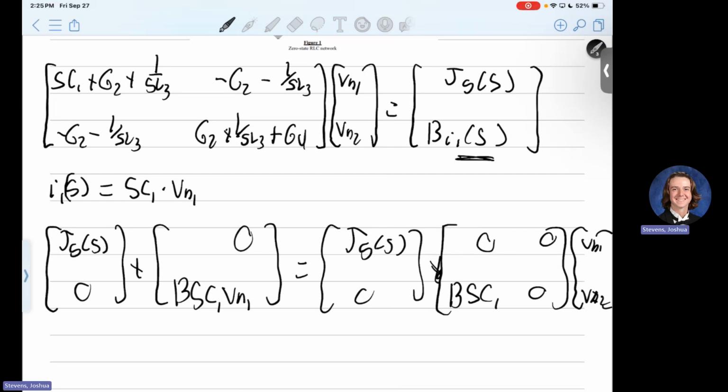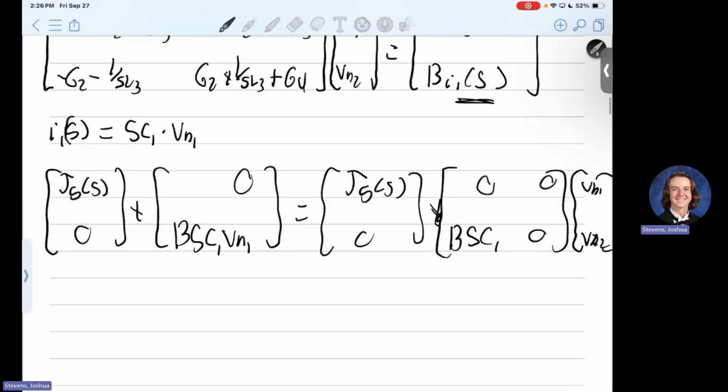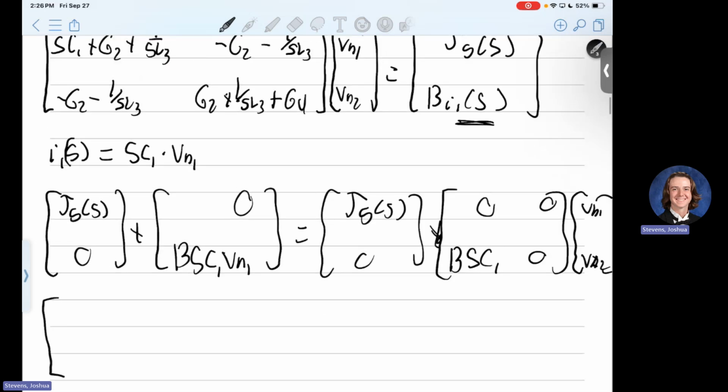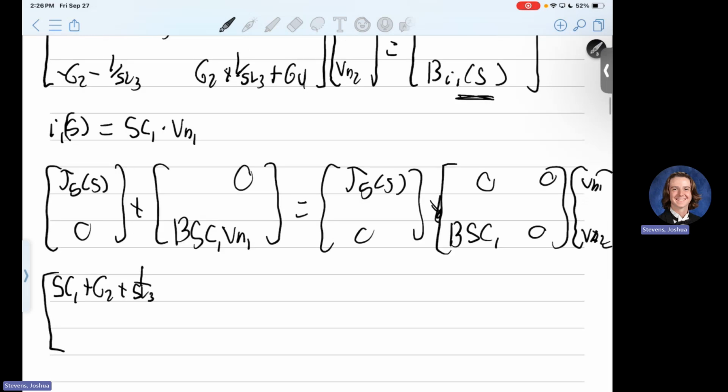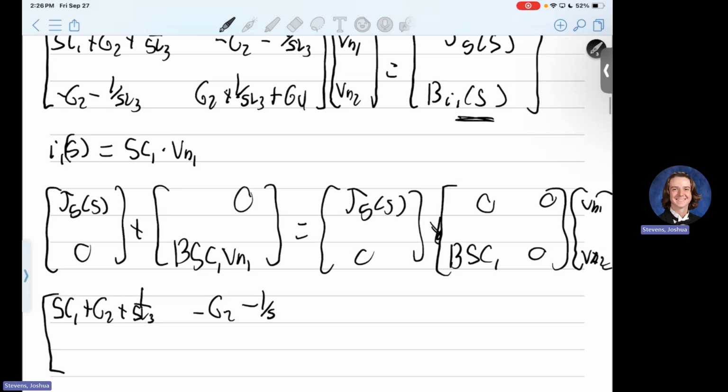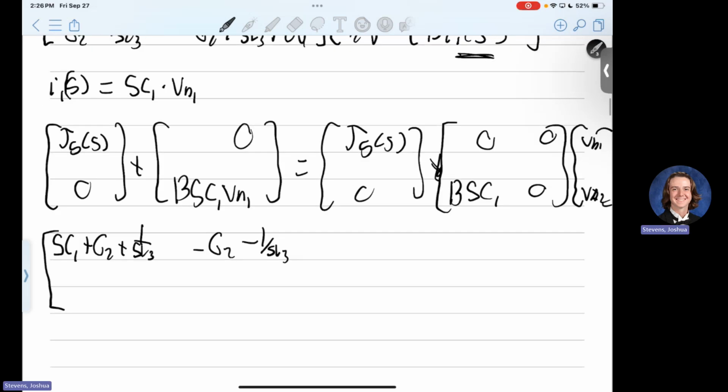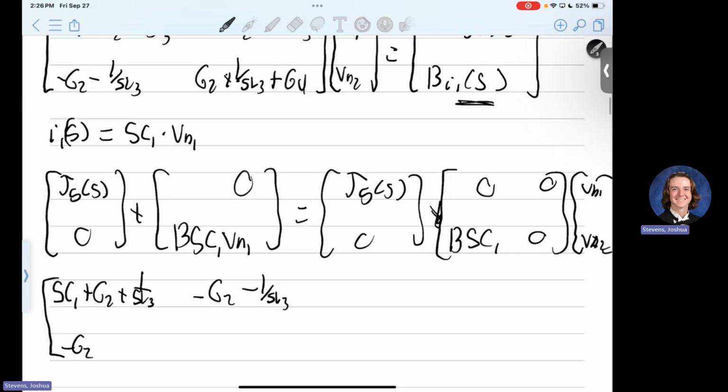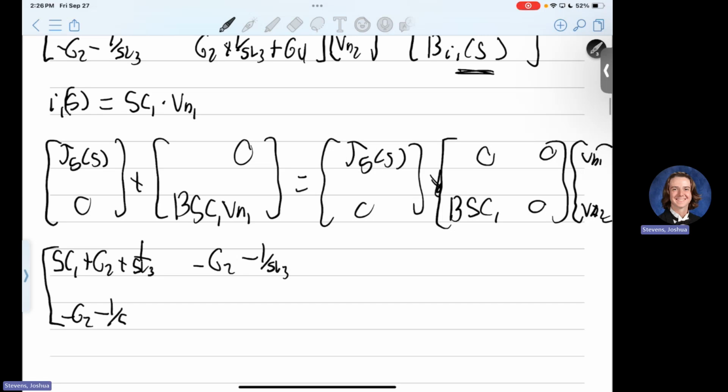All right. Subtracting that from our normal matrix would be very similar. SC1 plus G2 plus 1 over SL3, minus G2 minus 1 over SL3, negative G2 minus 1 over SL3. Remember, we subtract this stuff.